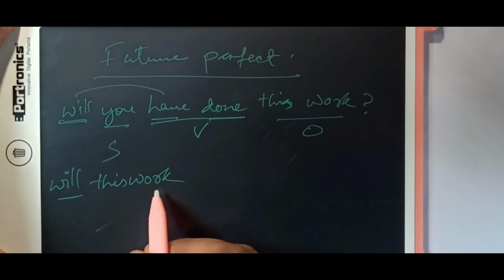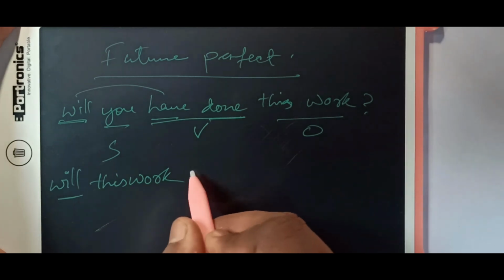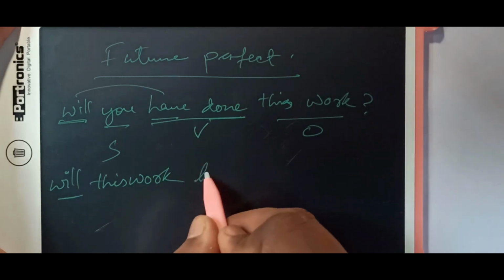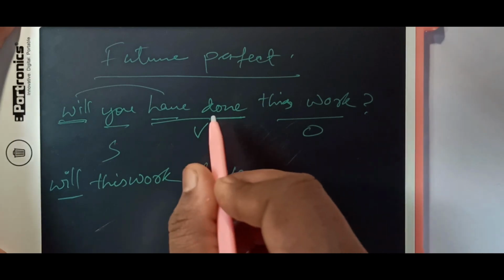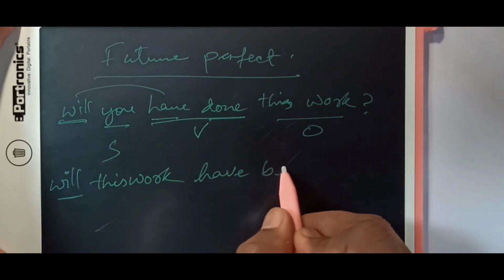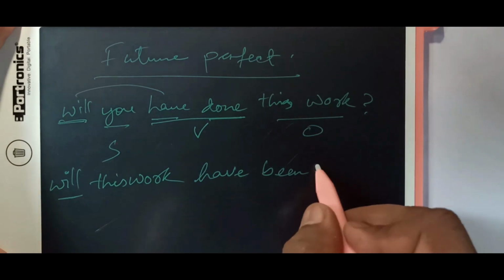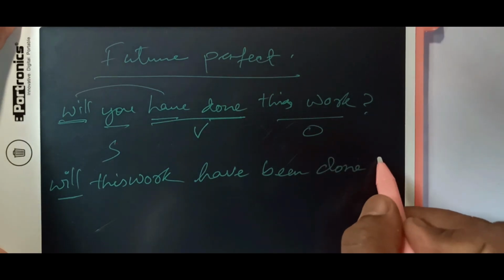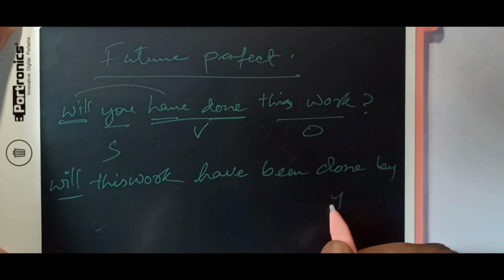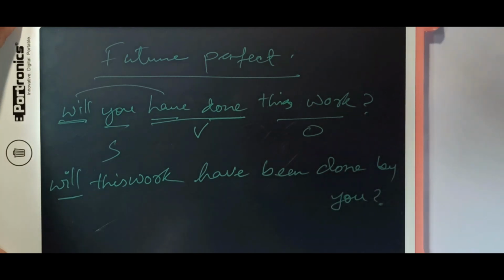This work, now this will remain first of all, have, and then after that we introduce been, because this is perfect tense. Will this work have been done by you? Okay, this is how we do future perfect.